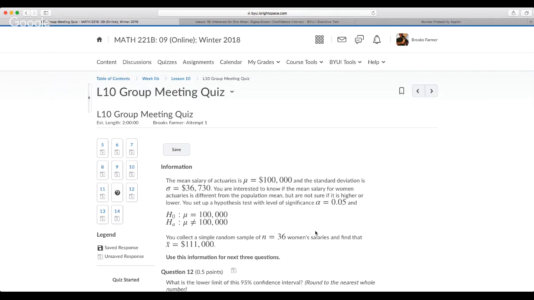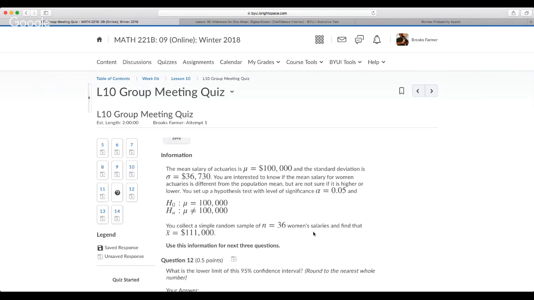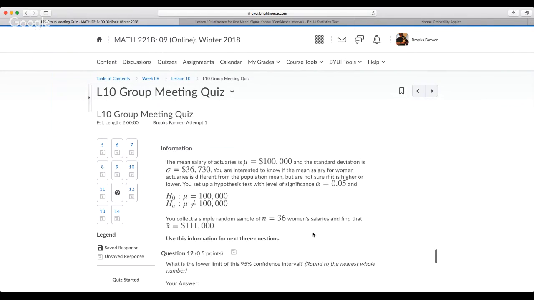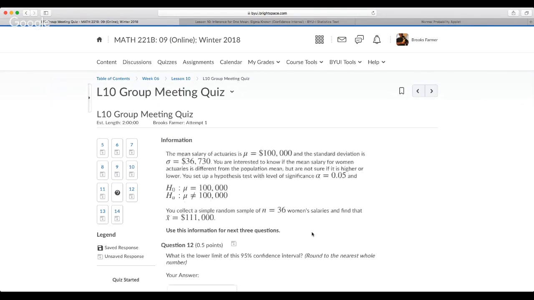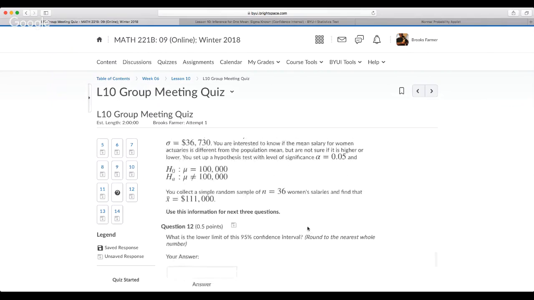You set up a hypothesis test with level of significance of 0.05, and then you have your hypotheses there. You collect a simple random sample of n equals 30 women's salaries and find that the sample mean is 111,000. So what is the lower limit of this 95% confidence interval?